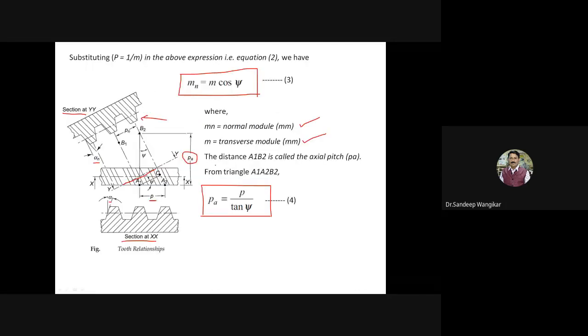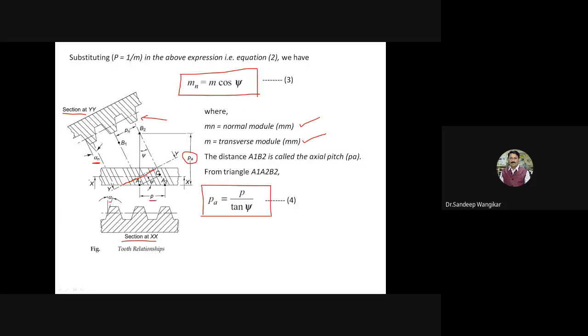Okay, then I have given you an idea. There are two angles, alpha n and alpha. Pressure angle alpha is the transverse pressure angle measured in the circular plane, and the normal pressure angle is measured in the plane which is perpendicular to the tooth element. So this alpha n is measured in the plane perpendicular to the tooth element, section YY.